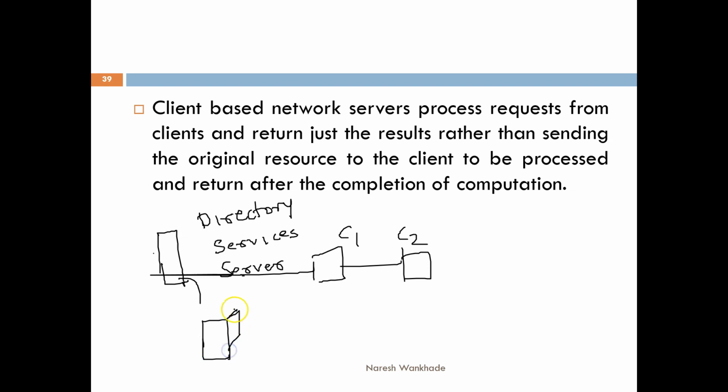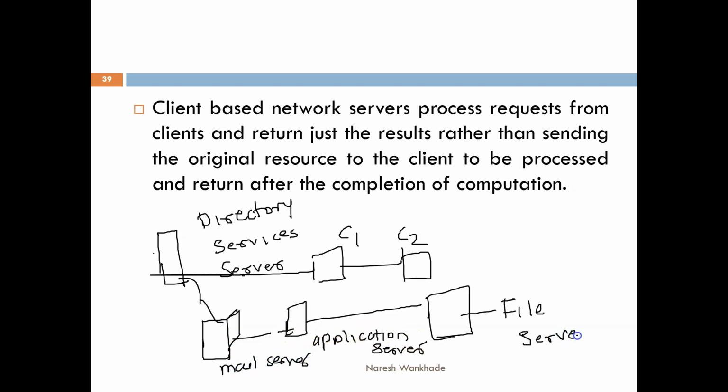These other clients are nothing but types of servers, like a mail server, application server, and file server. This server acts as a client here. This file server, which is actually a client, wants to process some data.